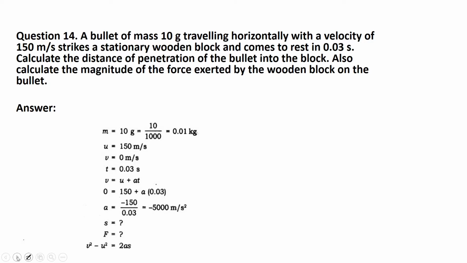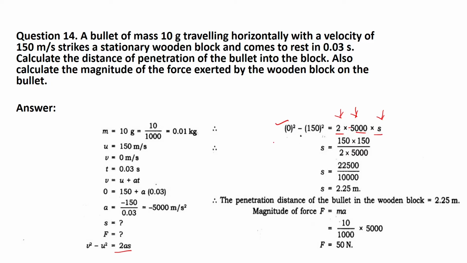Now here we have to use the negative sign, and we can simply do the calculation. 0 square will be 0 minus 150 square, with a minus sign, 150 into 150, and this is equal to, on the right side, 2 multiplied by 5000, which is minus 10,000 multiplied by s.